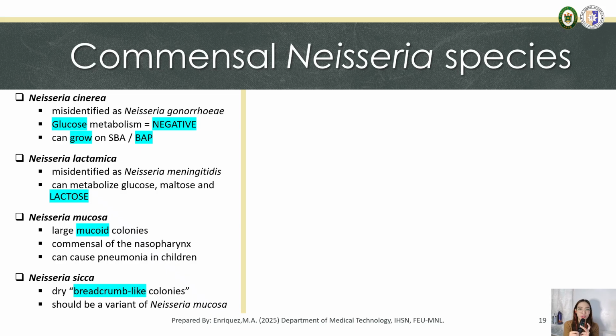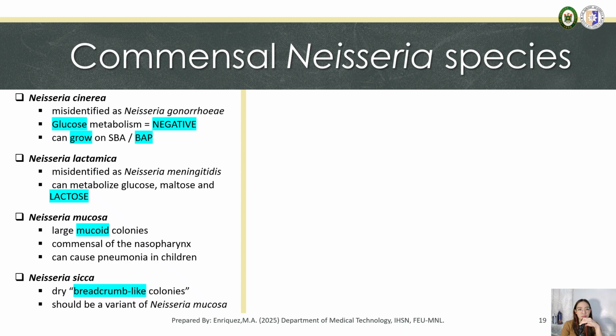No? So it's quite easy to remember kasi nasa pangalan na niya yung additional carbohydrate that it could utilize. So, Neisseria lactamica could metabolize lactose. And the thing here is that sometimes it could exhibit delayed lactose utilization. That's why it could be confused with Neisseria meningitidis.